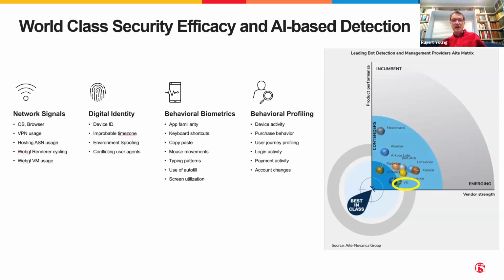We look more at, again, something like, I've seen this device try to open 15 different accounts on this website in the last 5 minutes, or they've made 15 purchases in the last 15 minutes, or they're trying to make a $1 million purchase or something like that, and that's really unusual.